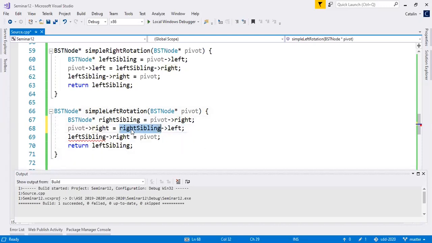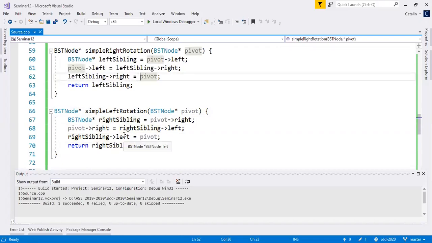Okay, and right sibling left, because we already saved that, is pivot. And now I will check this on a drawing before uploading on Git. Okay, so these are the two simple rotations.